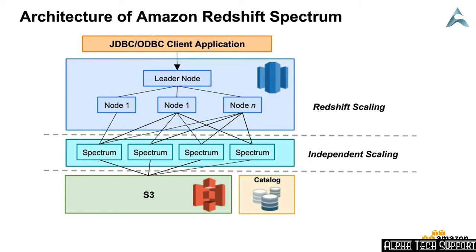The other nodes go to independent scaling of the spectrums. They perform certain tasks, and the result is reflected to S3, and from S3 it is again fetched back and it is done, where we use Redshift scaling and independent scaling. We could skip independent scaling stage or perform Redshift scaling directly. We can scale up our data.